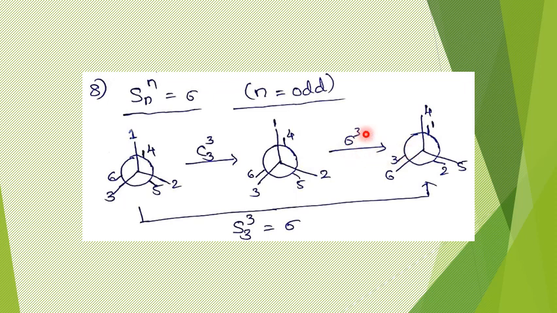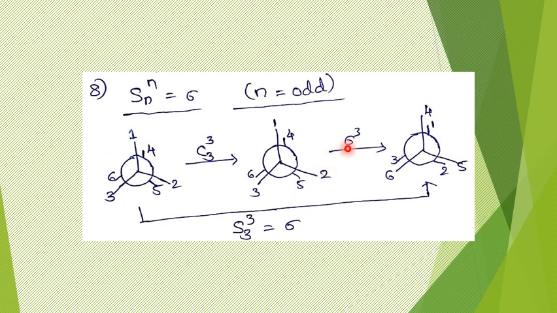If sigma is performed 3 times, or any odd number of times, it is as good as performing sigma once. So on this molecule, if sigma is performed once, now a very important thing: this C-C axis, the C-C bond which we are not seeing, is the C3 axis, and also the S3 axis for this molecule. The plane should be perpendicular to this C3 axis. That plane, as described in the improper axis of rotation, passes in between the two carbon atoms.